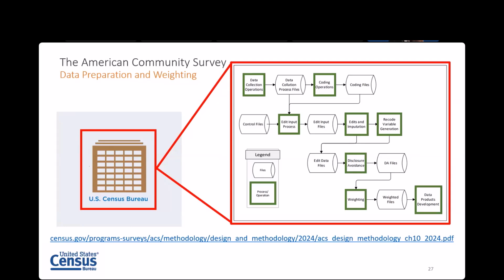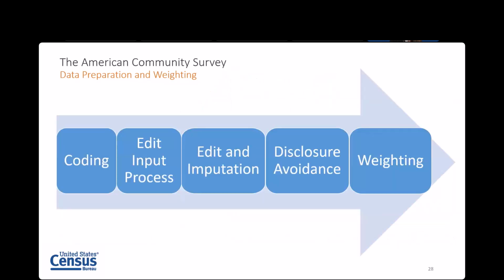Remember, every month data are collected and received. This means the process is continuous. So these are the processes I'm going to go over within this data preparation stage. Like I said, there are a lot of critical details within these processes that I will not be diving into today. As the data are collected by the two modes, self-response or non-response follow-up, they are processed according to the mode they are submitted.